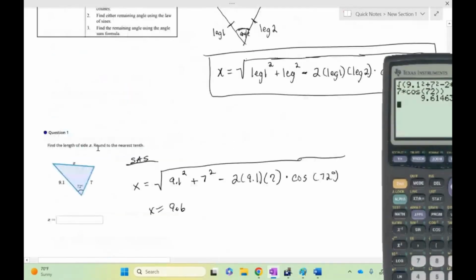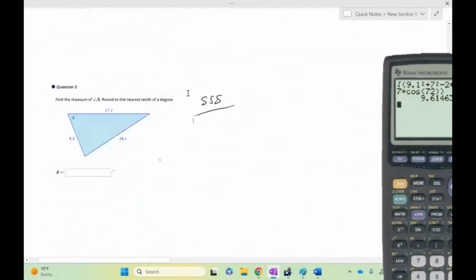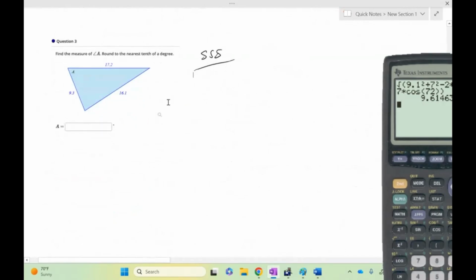If you look at the suggested procedures, notice that it suggests that you find the largest angle first. Now, this is what I'm thinking. Since they didn't ask us to solve the entire triangle, they only want us to find angle A, so I'm only going to find angle A.